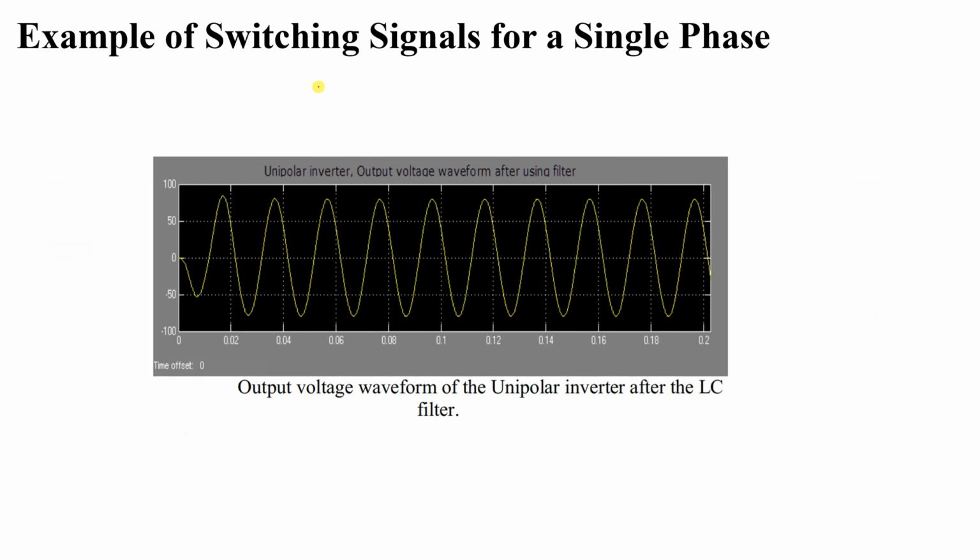Instead of having these groups of pulses, you will have a final sine waveform, as you can see here. Of course, the amplitude itself is reduced from the 100 volt due to the presence of a filter that reduces the magnitude of the output waveform. However, in the end, we produced a pure sine wave that can be used for our applications.